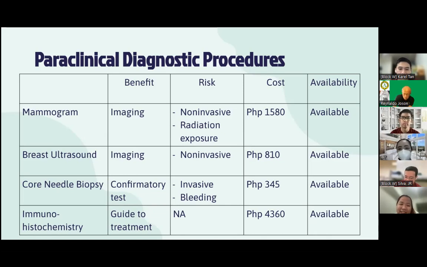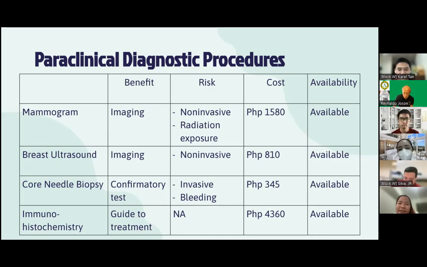After core needle biopsy, her samples po were sent for immunohistochemistry, which is for ER, PR, HER2 neu status, which will guide treatment later on if positive or negative, that are the drugs that we will use for chemotherapy, or if we can use hormonal or anti-HER2 receptor drugs.